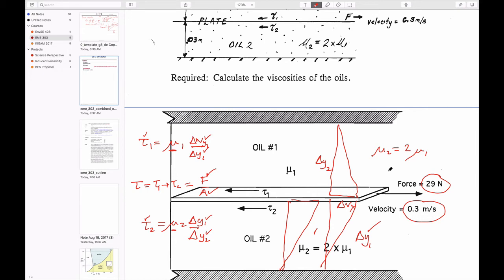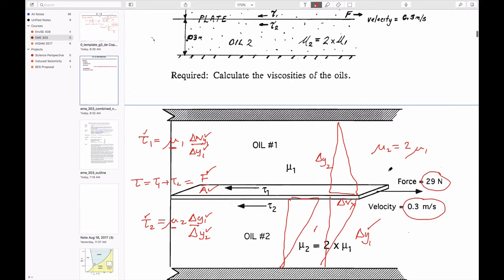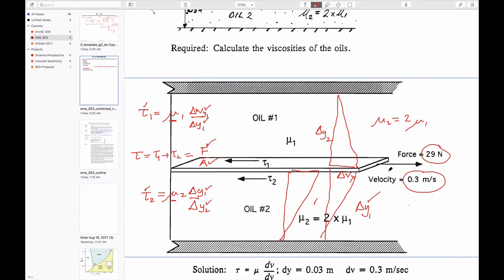Relatively straightforward. Where you have tau 2 at the bottom, should it be delta Vx over delta y2? Delta V, yes, you're right. Thank you. Same velocity in each case.